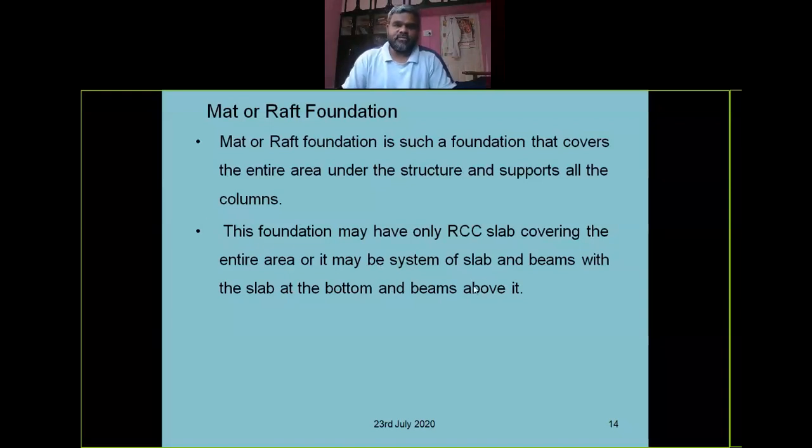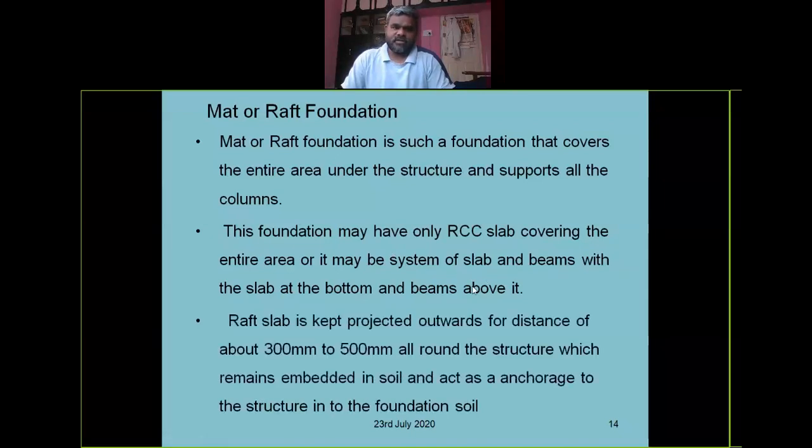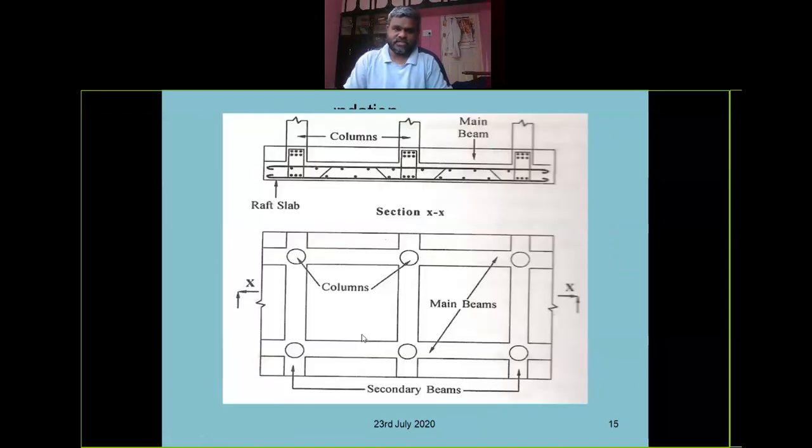In mat or raft foundation, the raft slab is projected outwards a distance of about 300 to 500 mm all around the section, to encourage the structure in the foundation soil also. See, these are the outward projections of the foundation.